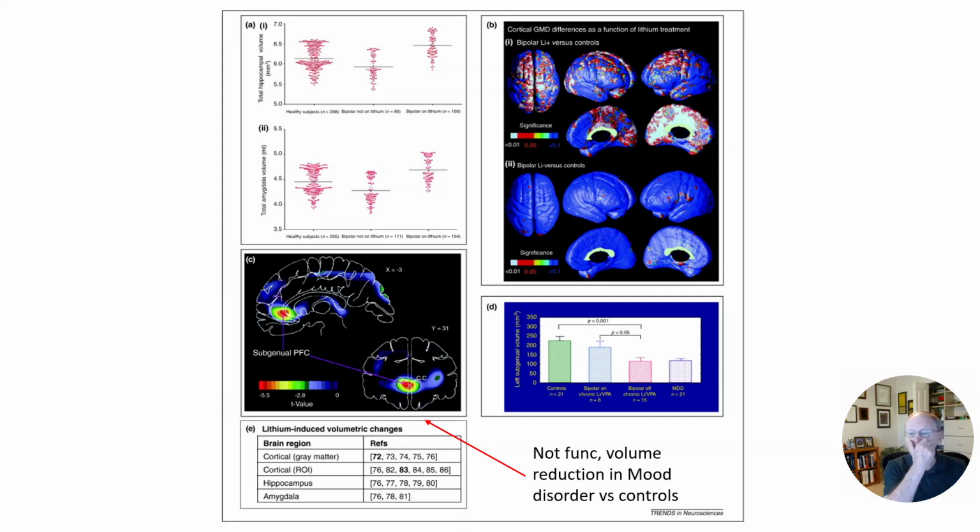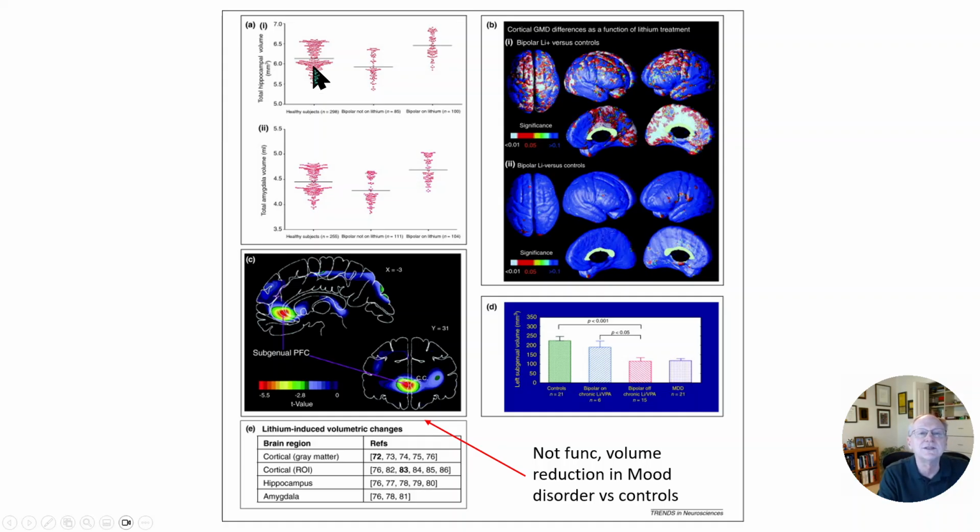All right, and speaking of neurotropic effects. So here we're looking at what looks like a functional MRI study. This is actually a volumetric study, and this is patients on lithium. What does lithium do? It increases the volume of the subgenual PFC, or ACC as it's more properly called. Well, that's great because that's one of the key nodes, as we've seen in affective disorder.